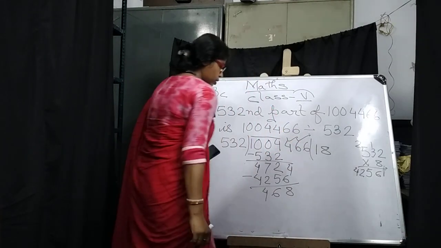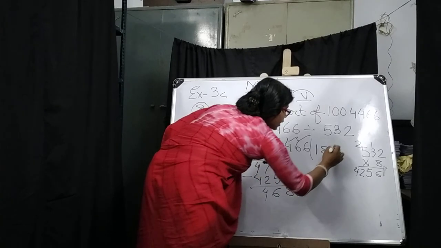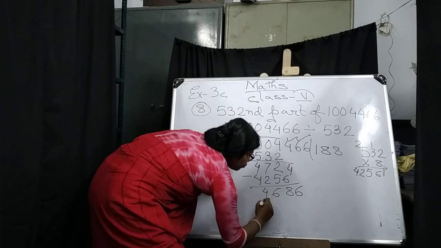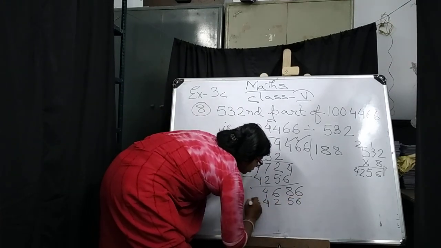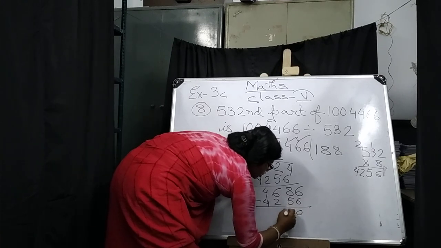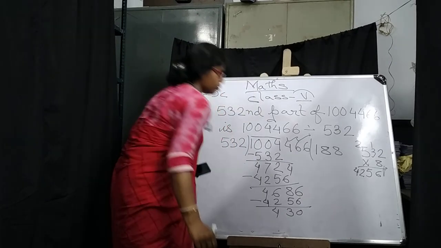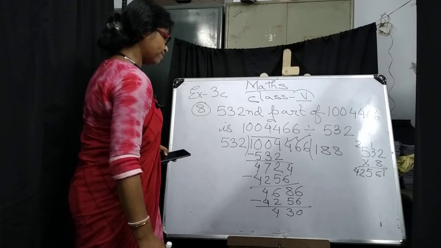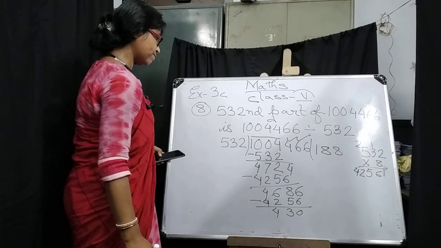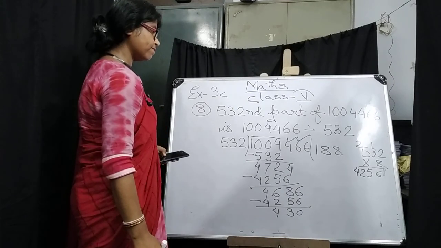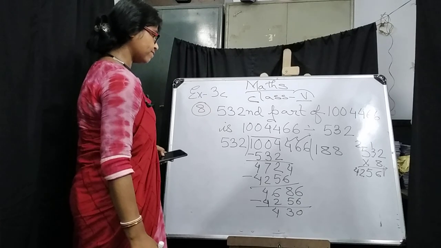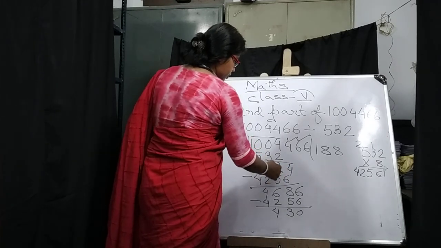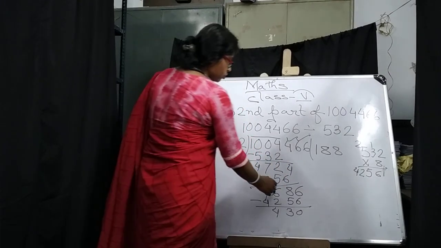Now, what will come down? 6 will come down. Again, we will multiply it with 8. 4256. Let us subtract it. 0, 4, 6, 8, 6.